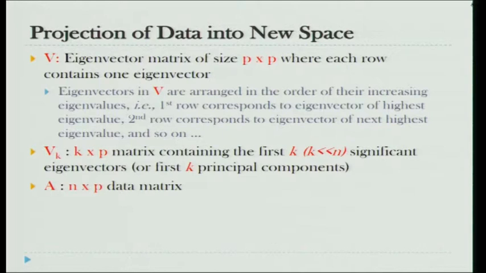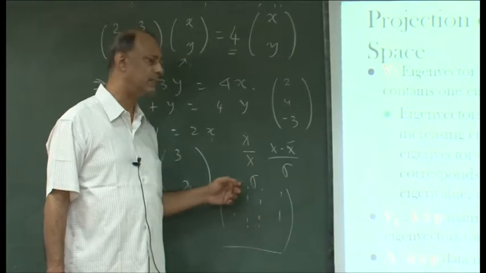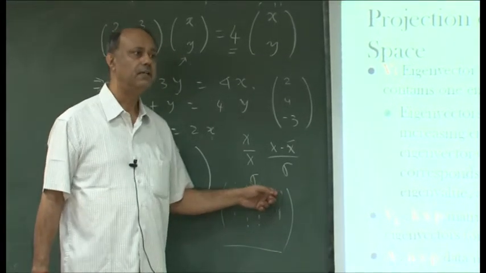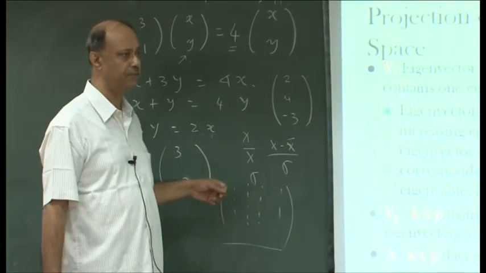Now, once I know the eigenvectors, you have to project with reference to the principal axis. V is an eigenvector matrix of size P cross P, where each row contains an eigenvector. The first row contains all the elements of the eigenvector with the largest dispersion, the largest lambda value.